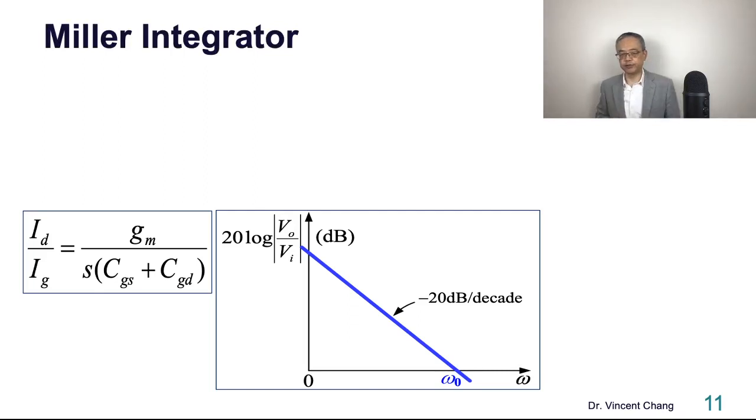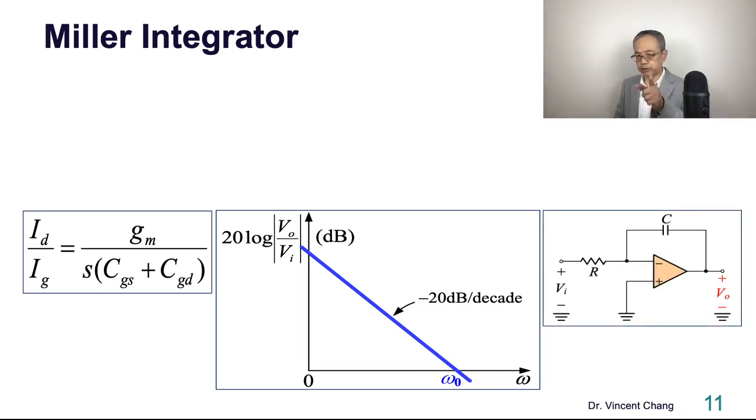The integrator. If you have ever learned the fundamental microelectronics circuit, especially around the operational amplifier circuit, you are supposed to learn this before, right? So this is op-amp and RC, an inverting configuration.